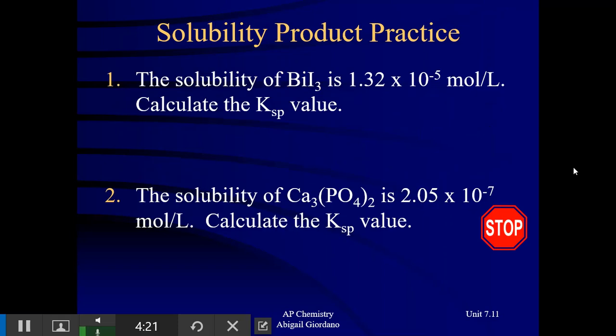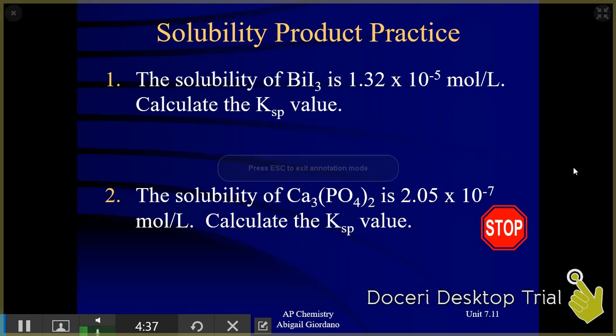So let's look at a sample problem. We're going to do number 1 together, and then I'm going to have you do number 2 on your own. It says the solubility of bismuth iodide is given. Calculate the KSP value. I want you all to get in the habit, just like we have with many of our equilibrium problems, the first thing that I want you to do is to write out the reaction.